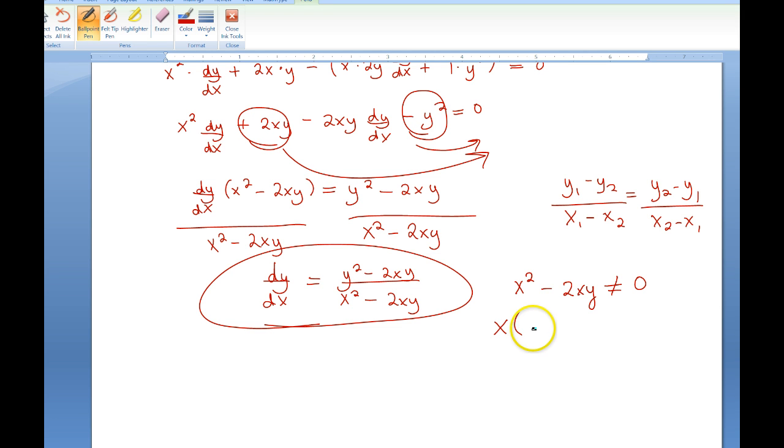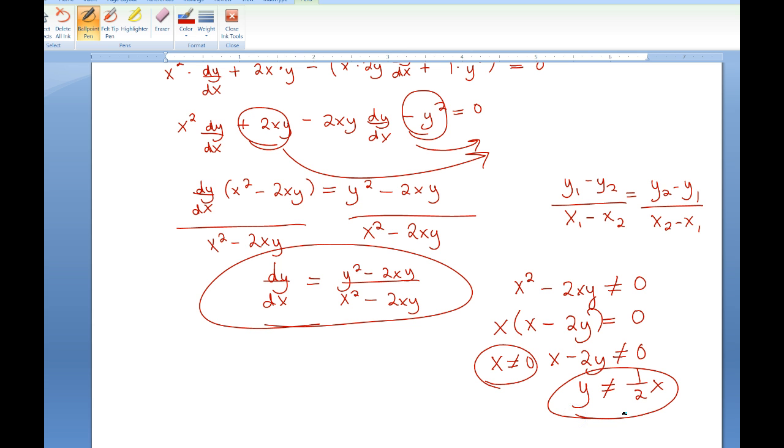So if I factor out an x, let's say I solve it for 0, I know x can't be equal to 0 and x minus 2y can't be equal to 0. So solving for y, I can see that y can't be equal to 1/2 x. So it's defined at every point except for where these two things would occur.